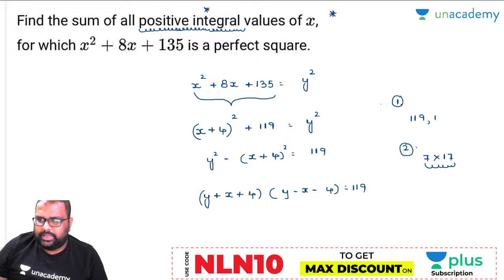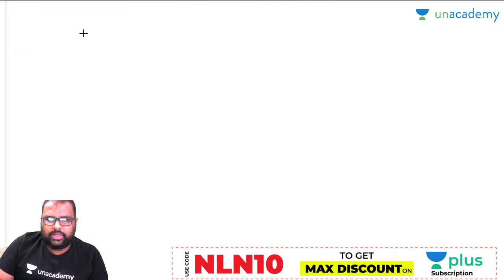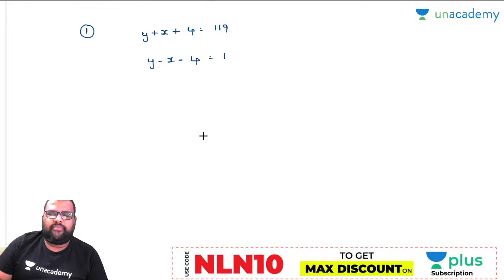I will take case 1 in the next slide. So I can write like this. Case 1, y plus x plus 4 is equal to 119, and y minus x minus 4 is equal to 1, and finally y plus x will be equal to how much?